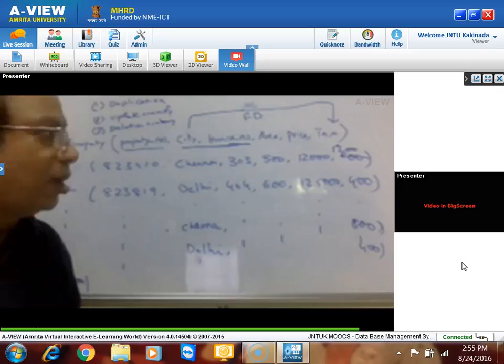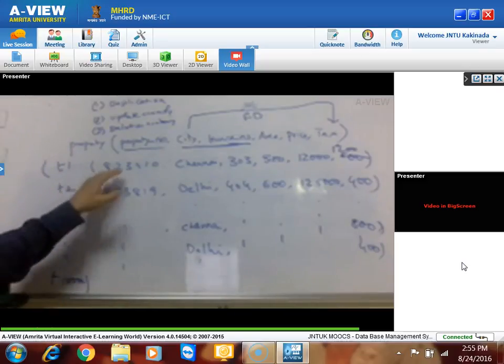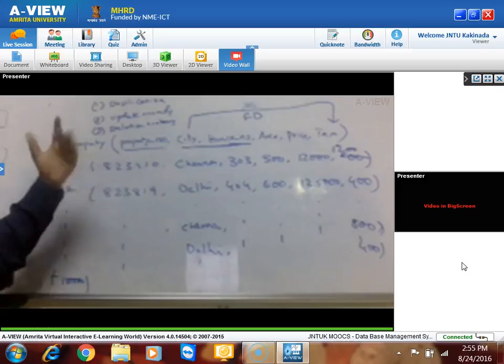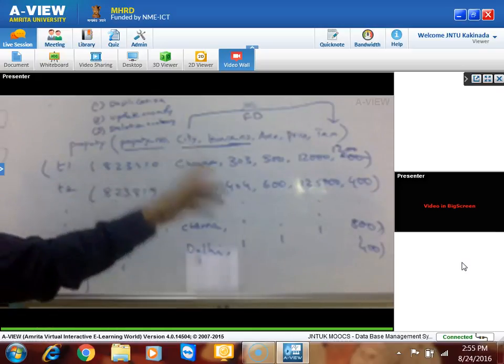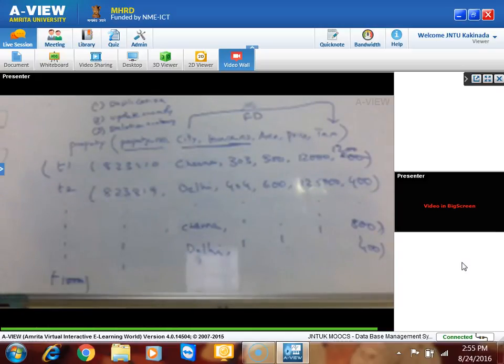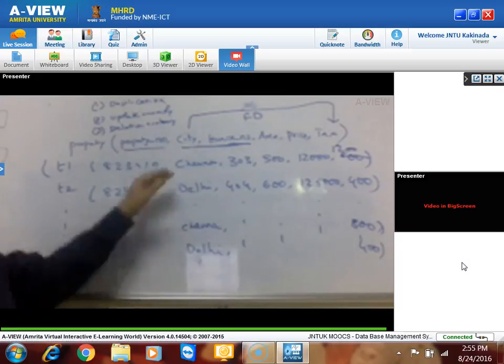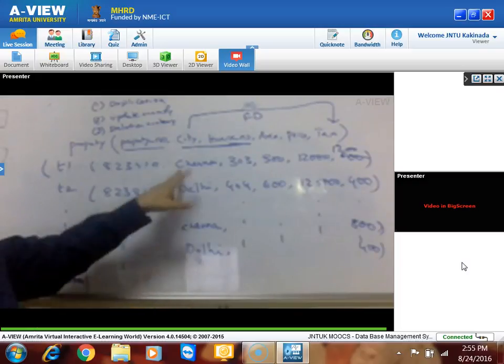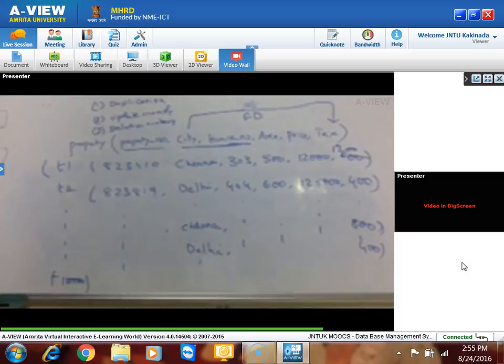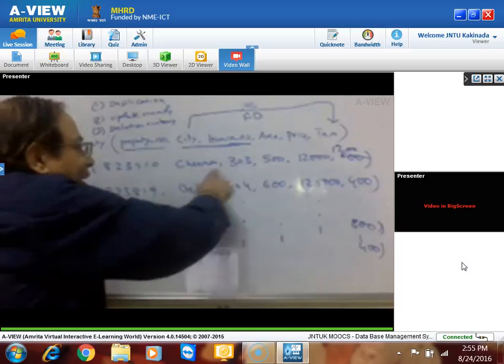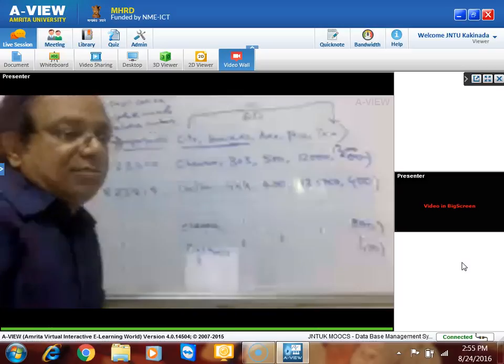That is also lost, because somebody demolished this building, and this is the only property whose record is available in the database. Now let us say you delete this tuple. The last tuple for Chennai, there is no other tuple having Chennai as city. Along with this, you will also lose the information about the city, Chennai, and the tax.